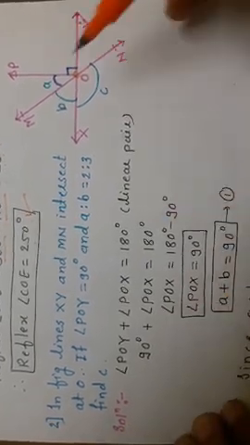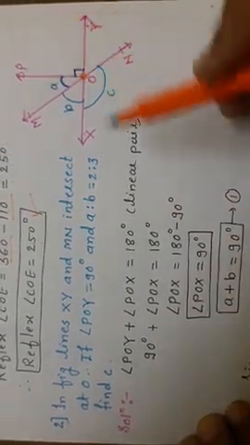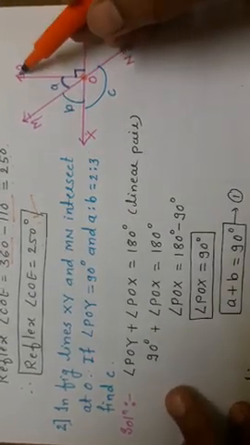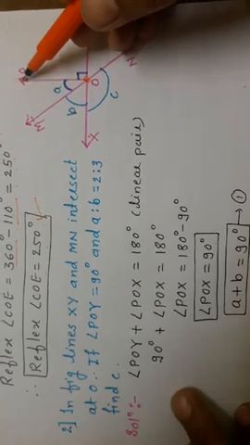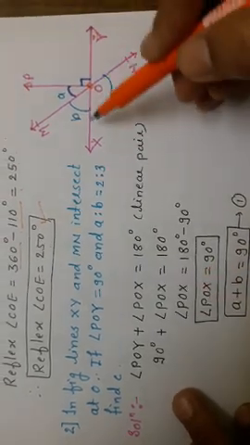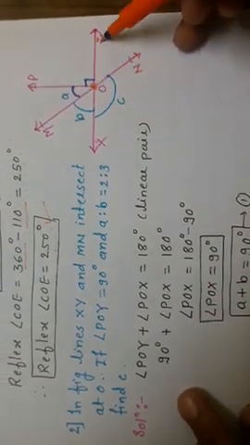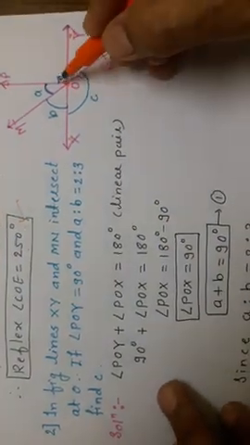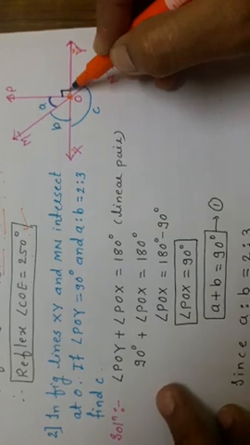Now we know very well that XY is a line, on that OP is a ray standing on the line. Therefore angle POY plus angle POX is equal to 180 degrees. Out of this they have given this is 90 degrees.